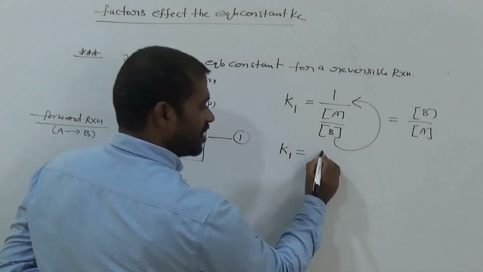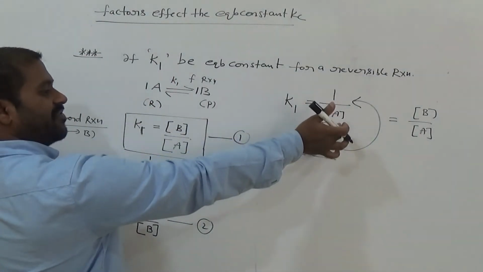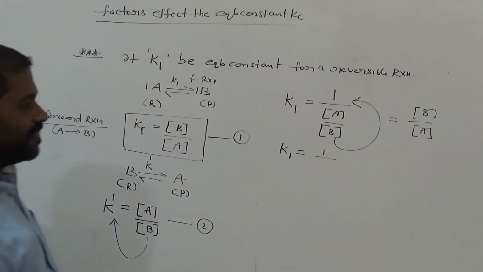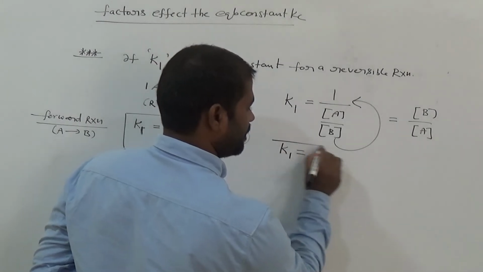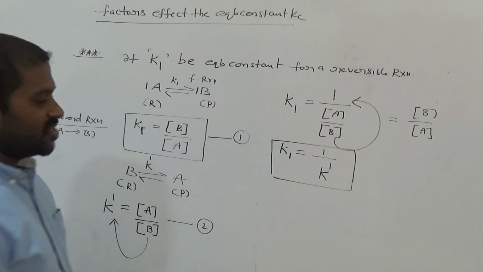So therefore K1 is equals 1 by, so what about this value? Molar concentration of A by molar concentration of B, from equation 2. It is equal to K dash. So very, very important. So what is K1?